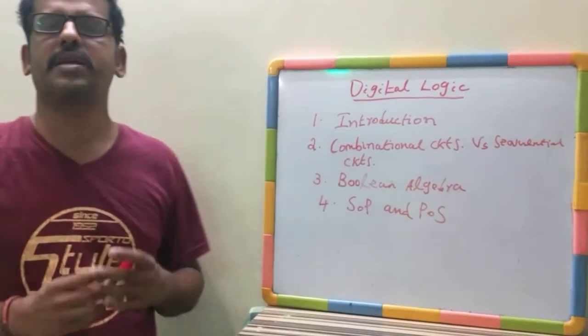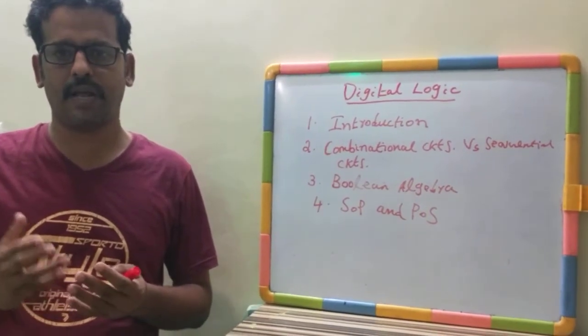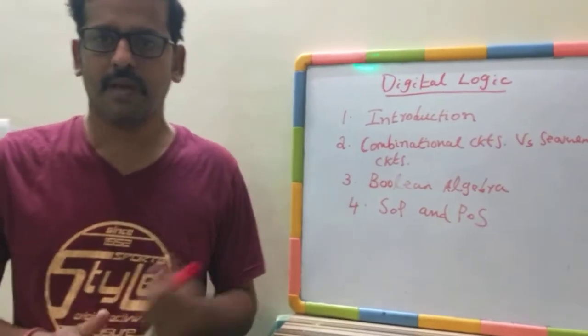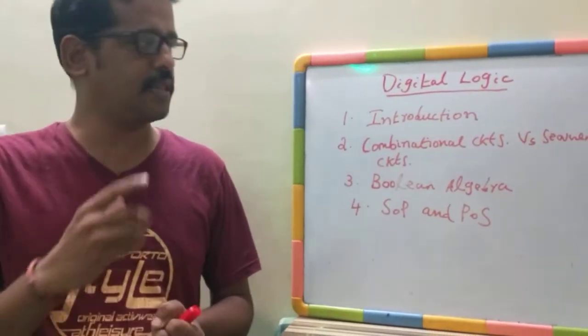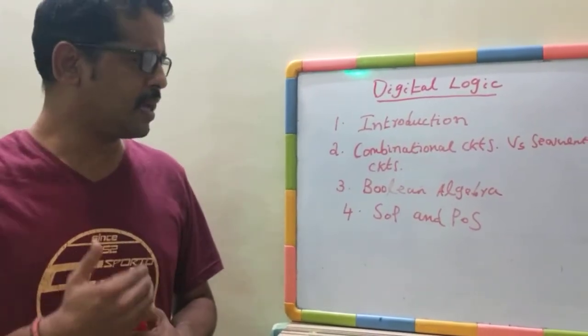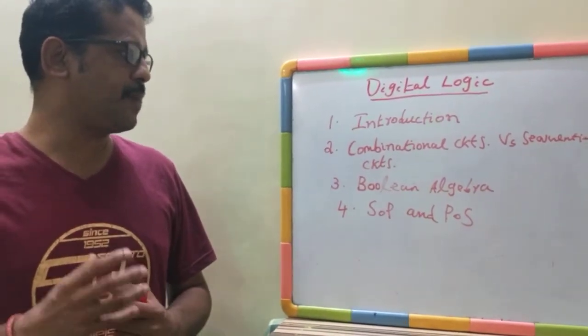Examples of combinational circuits are half adder, full adder, decoder, and encoder, whereas examples of sequential circuits are registers and counters. One more difference is the basic building block.